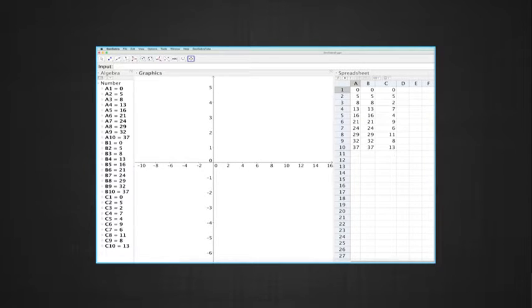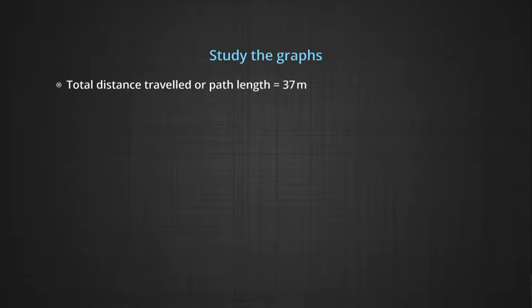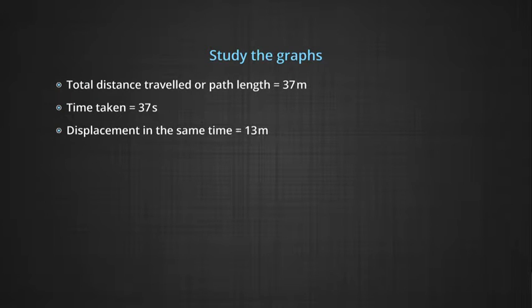And so, we have seen from here that the total distance travelled by this drunkard is 37 meters, and the time he takes is 37 seconds, and the displacement is only 13 meters. So, this is a very good example of calculating distance and displacement.